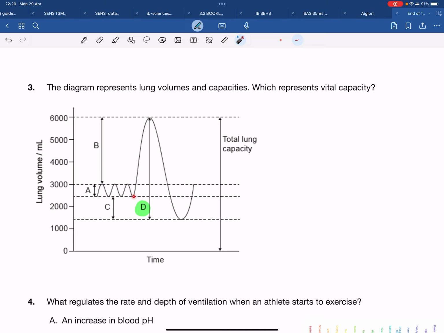So if we add it all together, our total lung volume is going to be our vital capacity, minus the residual volume, which is this bit here. So total lung capacity includes residual volume, but in this instance, we've got our vital capacity, big breath in, big breath out, plus the normal bit in between.